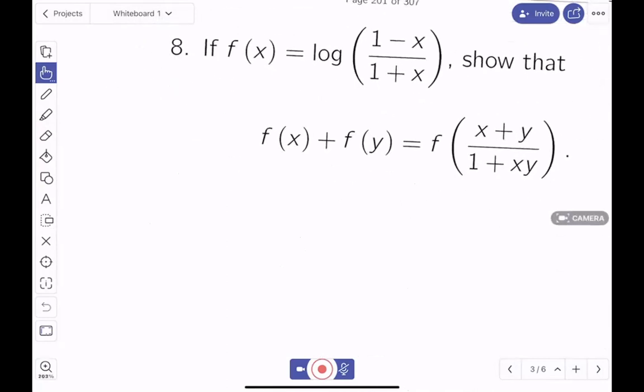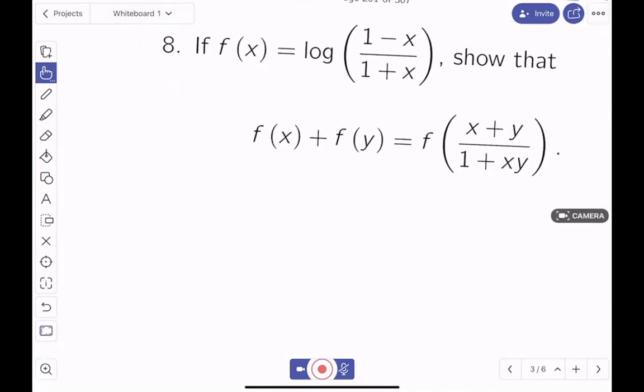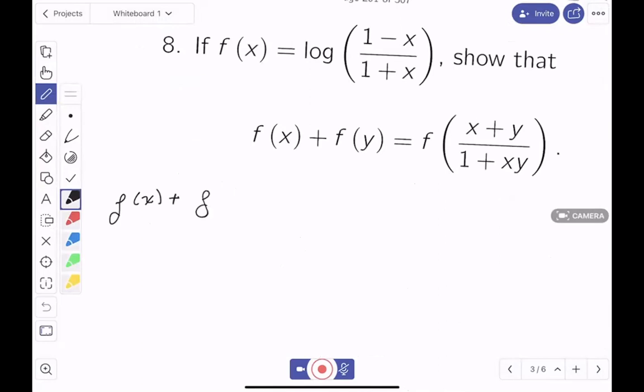So let's write this one. I'm going to show that f of x, I'll write this one over here, plus f of y is going to be equal to f of x plus y over 1 plus xy. Now let's write this down. What's f of x? It's given to me.